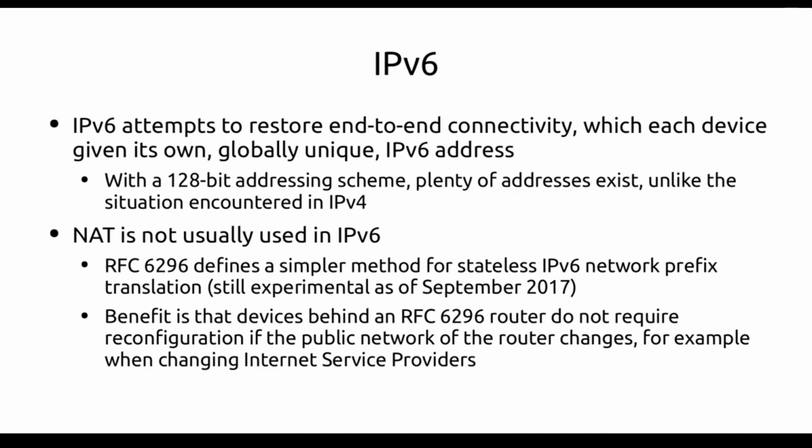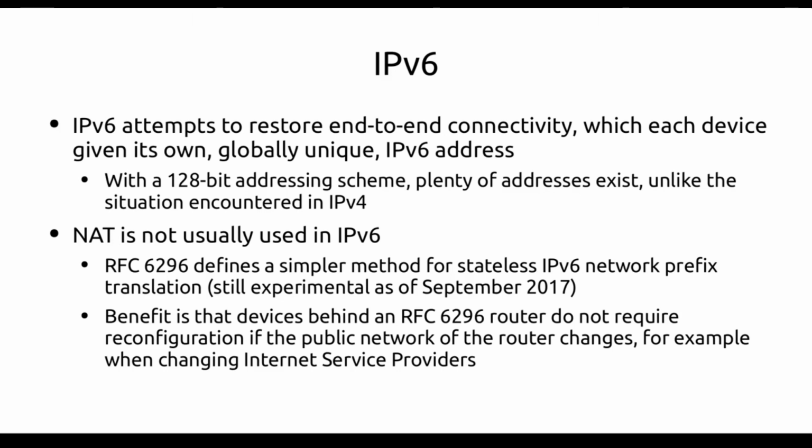IPv6, one of its goals, one of the reasons for choosing a 128-bit addressing scheme, was to make it possible to restore end-to-end connectivity with every device given its own globally unique IP version 6 address. We have so many of these addresses that we really don't have to have NAT and hide things behind private address spaces, hide things behind routers, deal with STUN, deal with all of these NAT traversal issues.